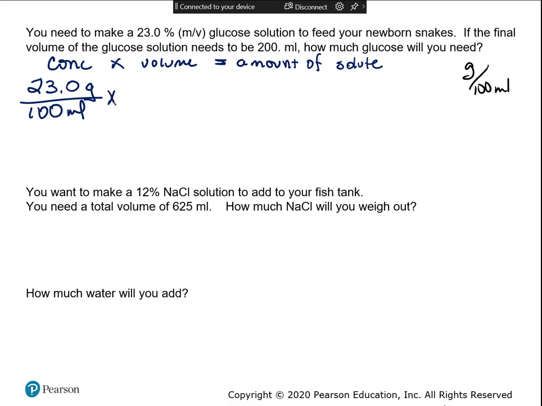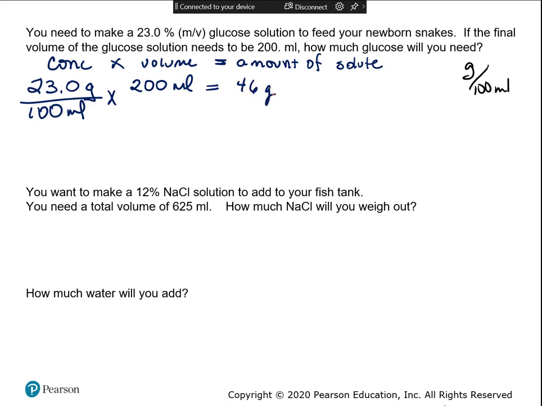So what's the volume? My volume is 200 milliliters. Concentration times volume. Do you see that milliliters and milliliters cancel when you do the math? 23.0 times 200 divided by 100, right? Multiply everything across the top, divide by each thing in the bottom. What do you end up with?